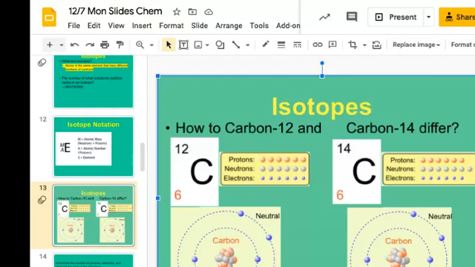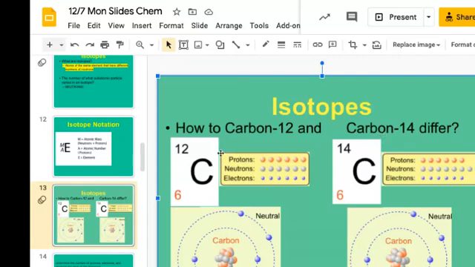So on your sheet, you are writing the isotope notation for carbon 12. That's number 2. And number 3, we just talked about how carbon 12 and 14 differ. The isotope notation for carbon 12 is this right here. Note that the 12 matches our mass number at the top left. That's how we name the different isotopes: we take the mass number, the protons plus neutrons, and add it to the end of the element name.